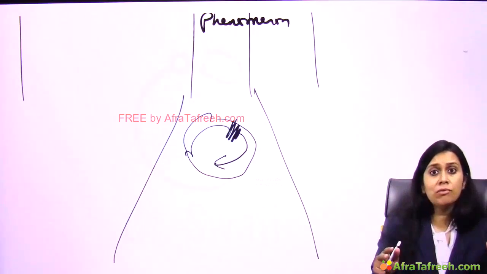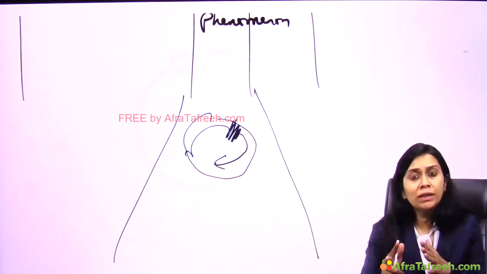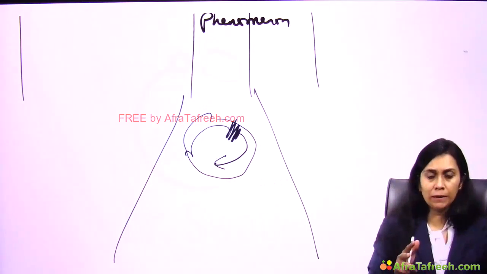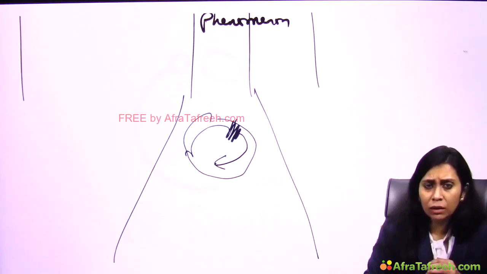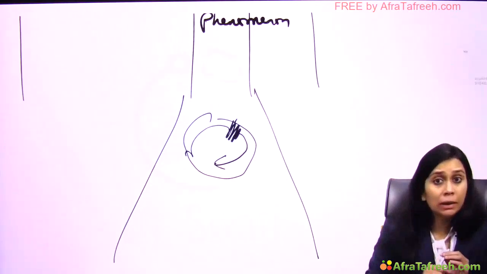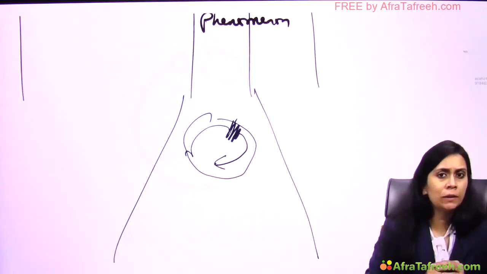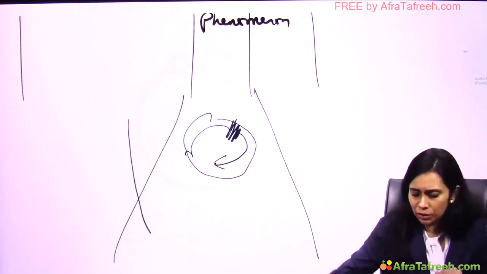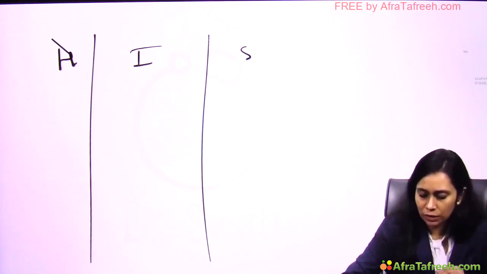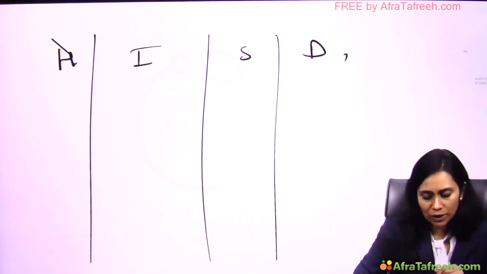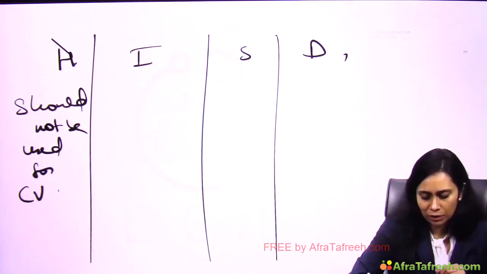Now for cardiovascular surgeries, or patients posted for surgeries having cardiovascular problems, which inhalational agent would be preferred? One thing very clear, halothane should be completely avoided in any cardiovascular problem and in cardiovascular surgeries. Okay? Iso can be used. We are discussing halo, iso, sevo, des. Halothane should not be used for cardiovascular surgery.